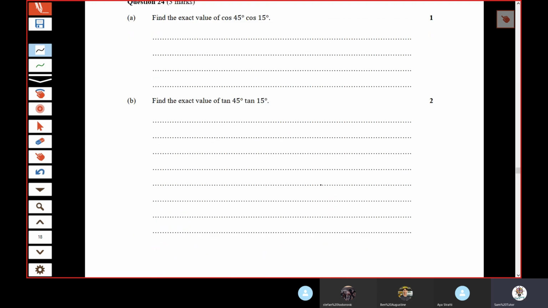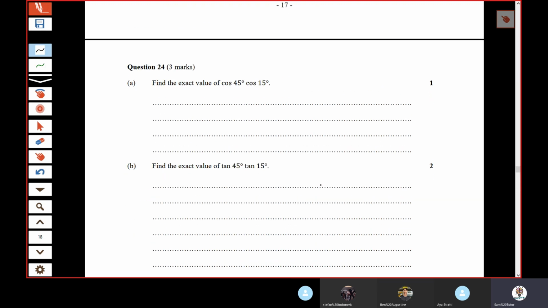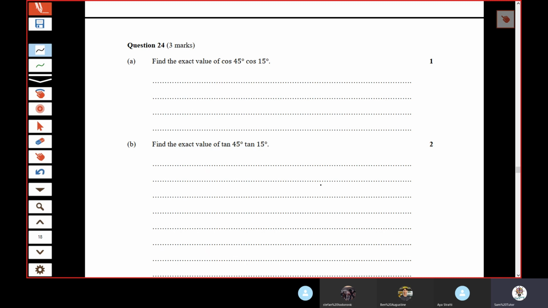Let's go again. Find the exact value of cos 45, cos 15. I'm pretty sure that's part of your formula sheet. Here's your formula sheet here.